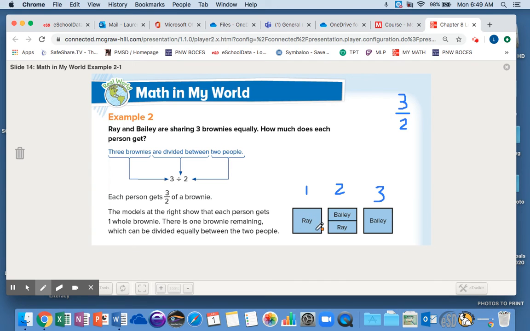So Ray gets 1 whole and Bailey gets 1 whole. And then you need to split the middle one. So there's 1 brownie remaining, which can be divided equally between the 2 people, okay? So if you're splitting this one in half, Bailey and Ray are each getting half of a brownie and a whole. So let's see how we write that.